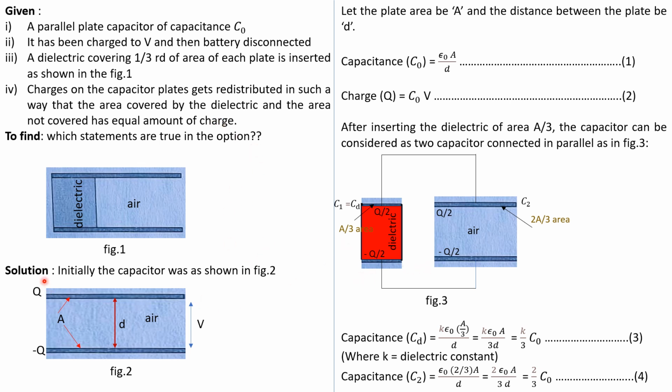So initially, if we have assumed that Q charge was on this plate, plus Q and minus Q on this plate, after insertion of dielectric, Q by 2 charge has come up on this and Q by 2 on this as per the question. That has been shown in this figure.